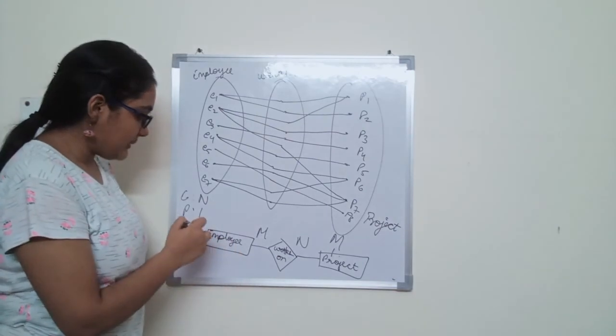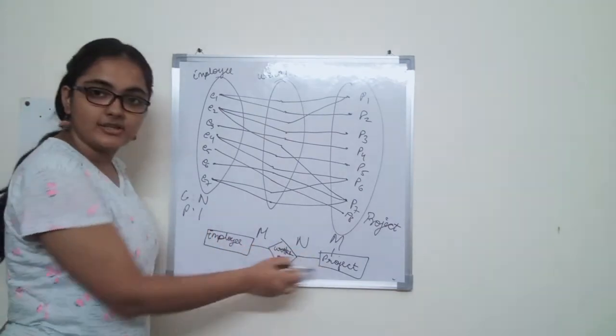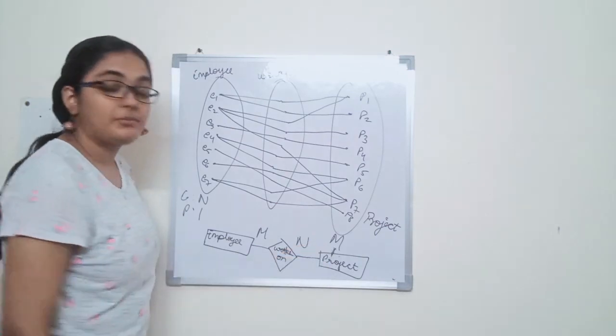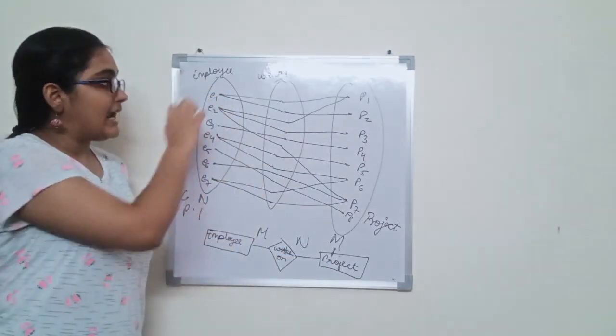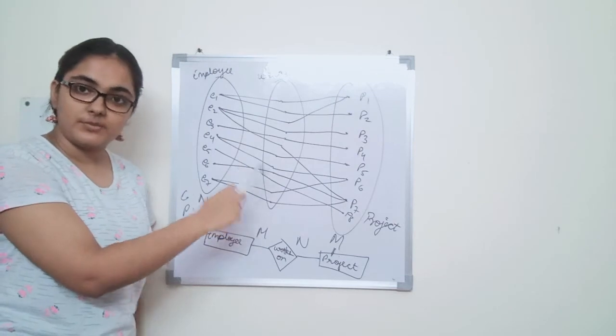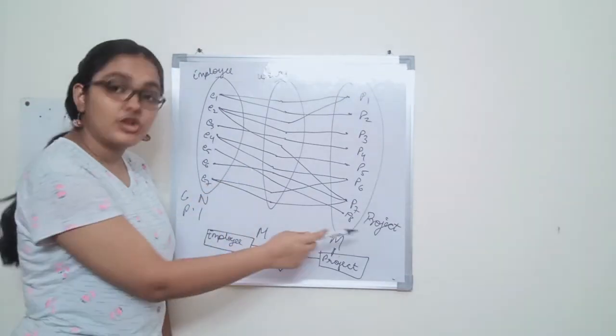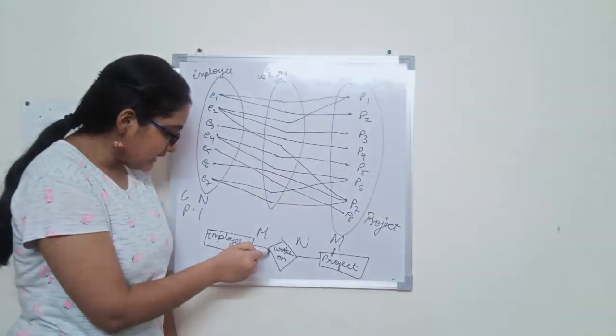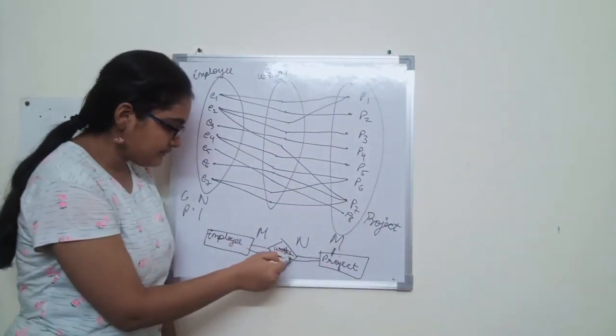Now, the participation of this is total and this is also total. 1, 1. Okay, so the participation of employee entity type in works on relationship is total, as well as the participation of project entity type in works on relationship is also total. So we represent total participation.